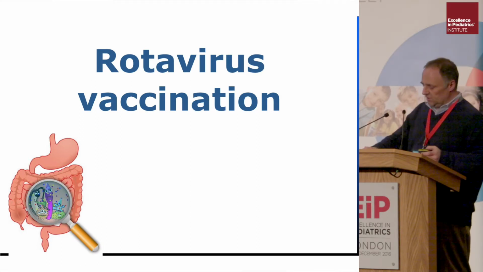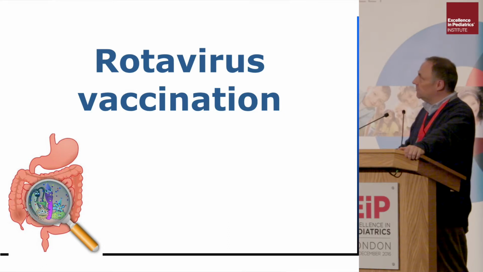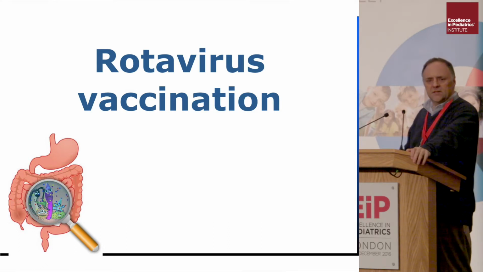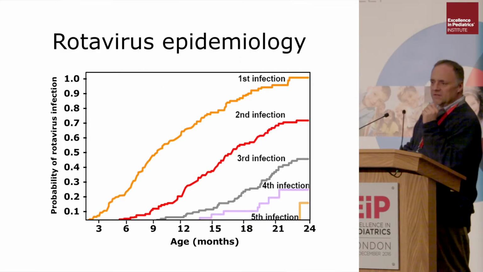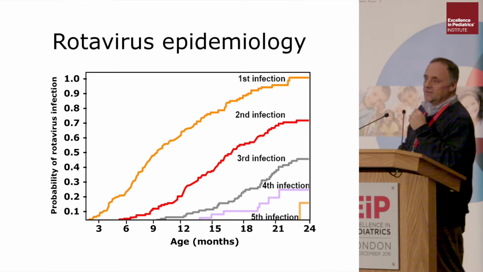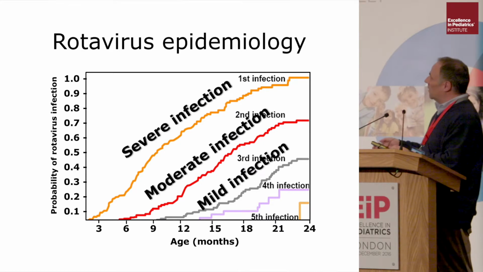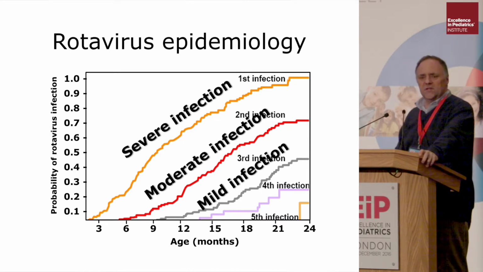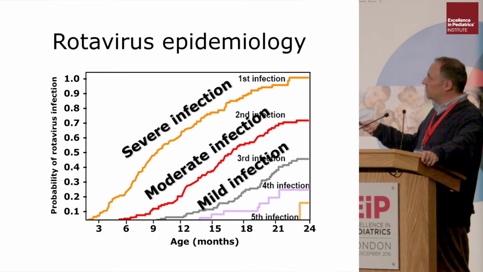And then at a certain point in time, in the beginning of the century, people thought, okay, let's try to vaccinate against rotaviruses. The rationale why people started vaccinating against rotaviruses, except that it was an important pathogen and there was a clear clinical need to do so, was that everybody observed that it's only the first infection with rotaviruses which leads to a severe infection.